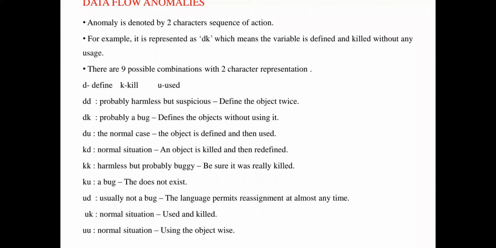You are defining, but you are not using the data, meaning no use. So that is an anomaly. You are defining a variable, but you are not using it. That is called an anomaly. You are killing that variable.